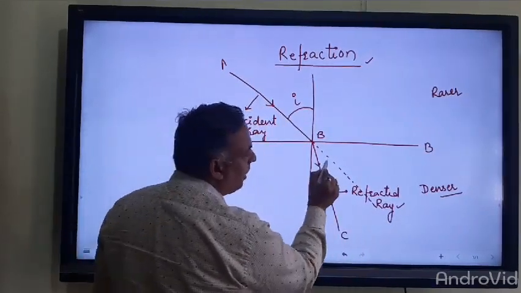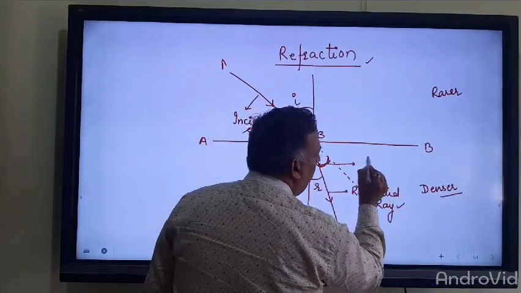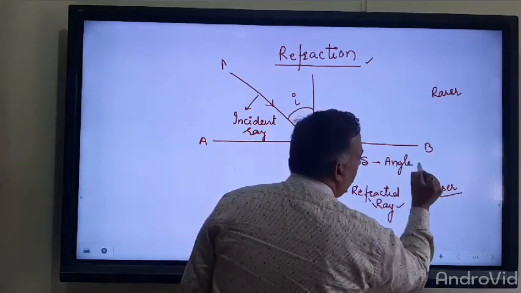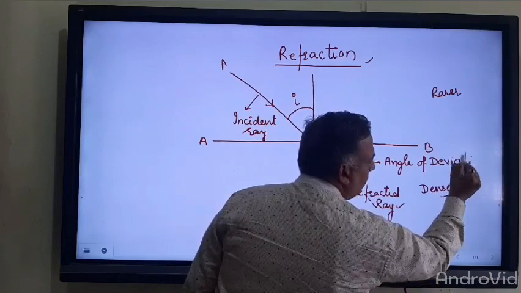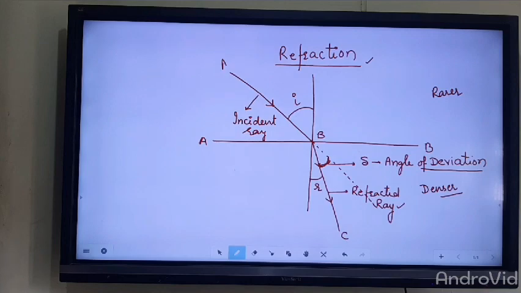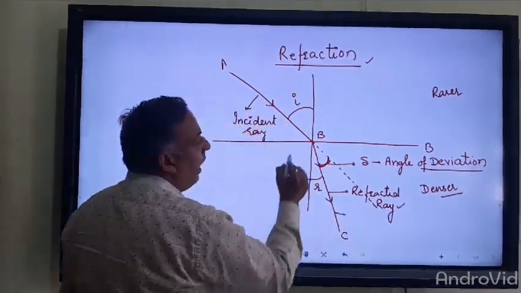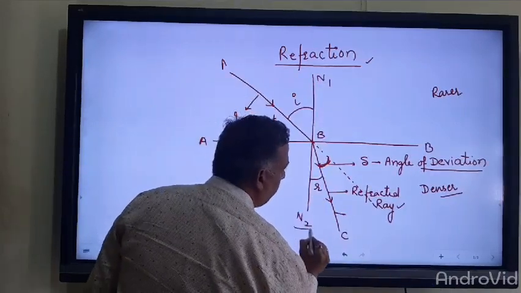So it bends from its path by an angle. This angle is called the angle of deviation. So this is an incident ray, this is a refracted ray, and N1 N2 is the normal.